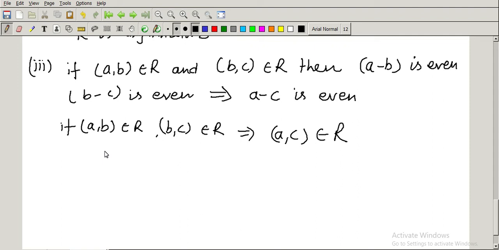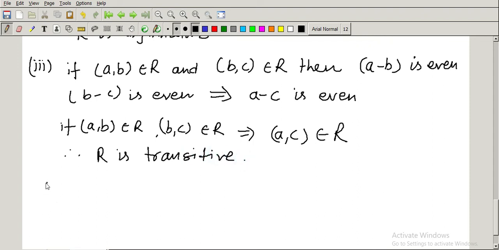Odd भी हो सकता है ना, it can also be odd, right? But they have asked you even, so we are solving for even. So that means this is your transitive relation. So we can say that R is transitive.